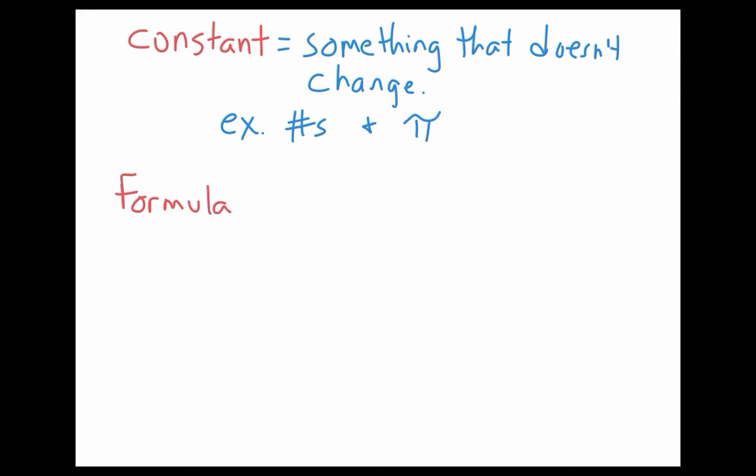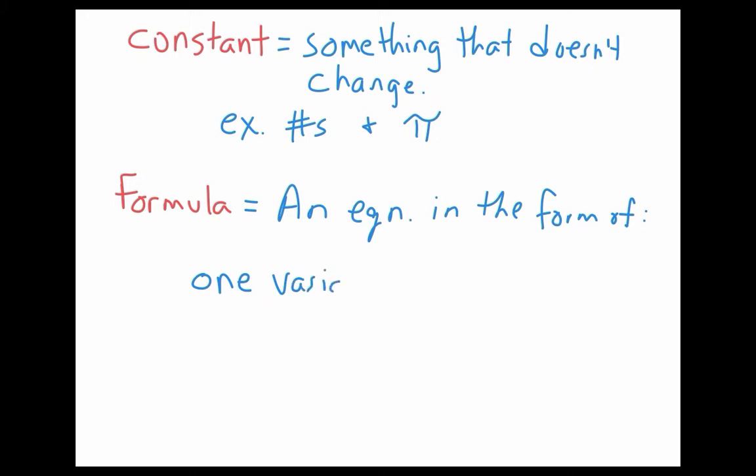A formula is going to be an equation, so it has to have an equal sign in it and something on both sides of the equals. But one side has to be solved for a variable. So I'm going to say formula equals an equation, EQN for equation, in the form of one variable equals something.